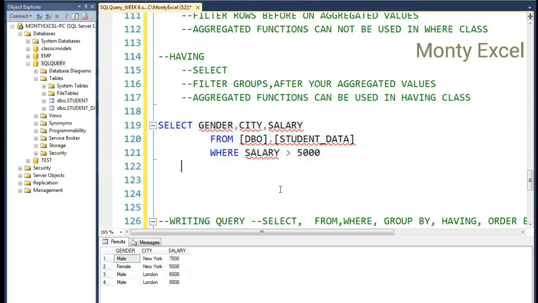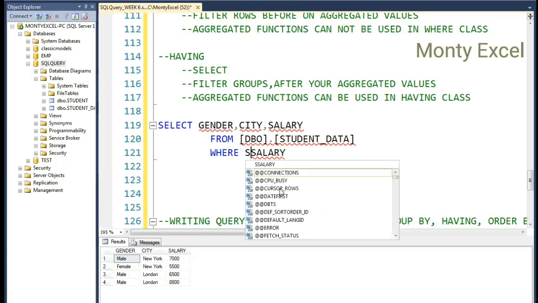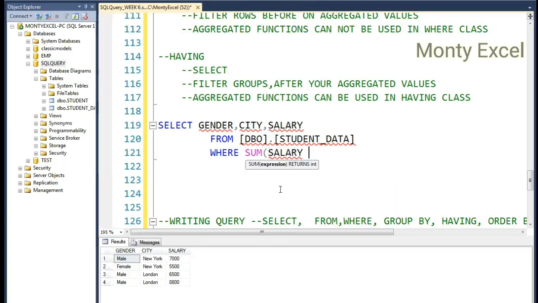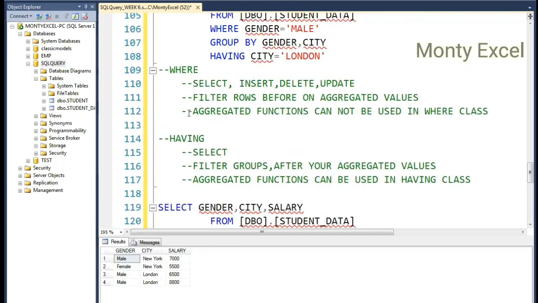But here we cannot use aggregated ones, like WHERE salary equals sum of salary. We cannot use this statement. That's what the clause is saying. This is a rule, that's it.